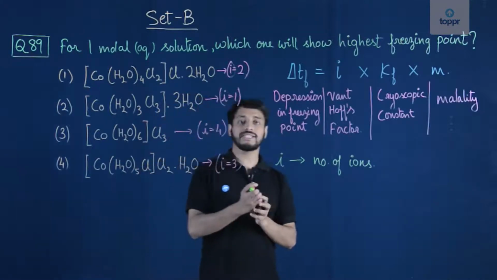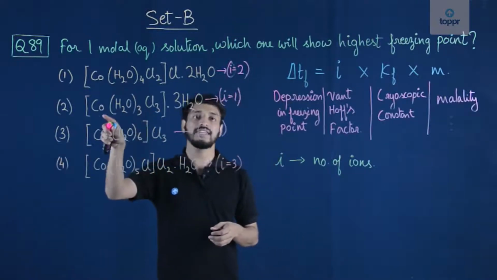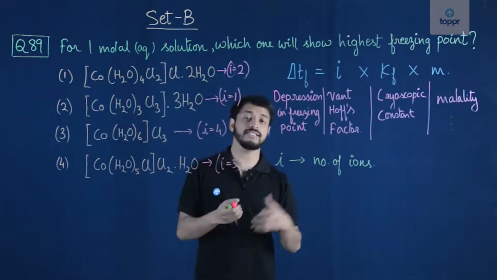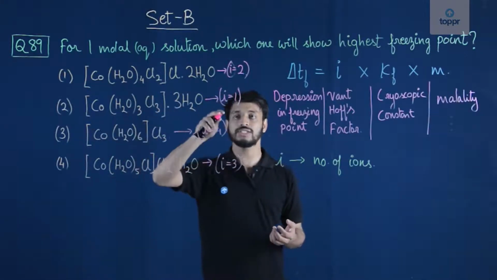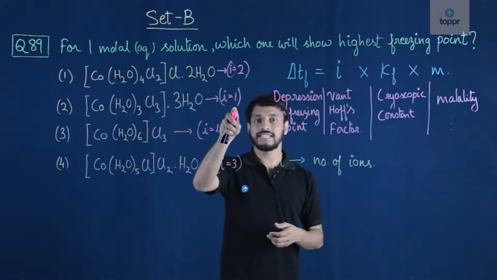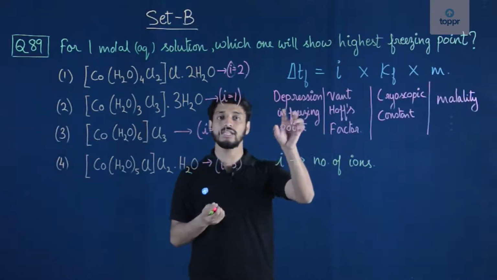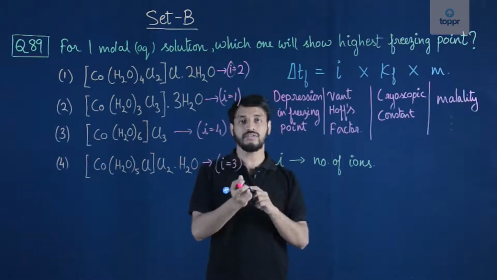So this is the basic calculation. From here we see the least number of ions produced will be for this compound, where i is 1. So that means this will have the least depression in freezing point. That means it will have the highest freezing point.